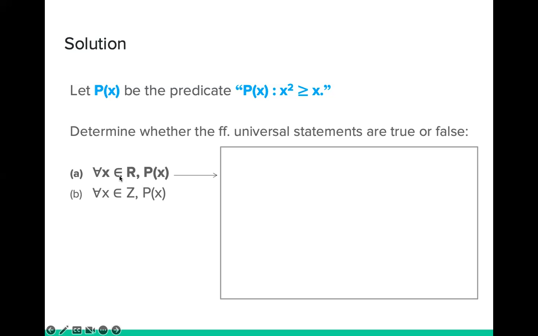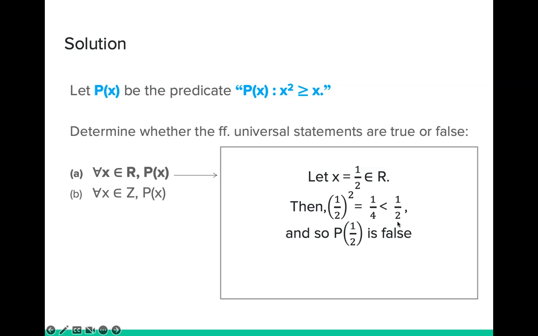What will be the truth values of each? Suppose x is equal to 1/2, which is also a real number. Then 1/2 squared is equal to 1/4, and 1/4 is less than 1/2.